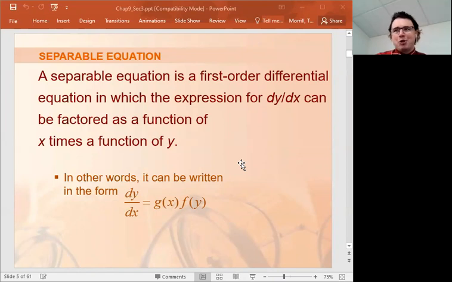So just like in algebra, we can find some unknown quantity x because we know that x squared minus 1 equals 0. In calculus, we can find an unknown function y because we know that y prime equals 2 times y.